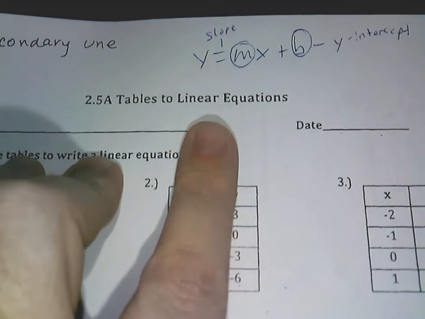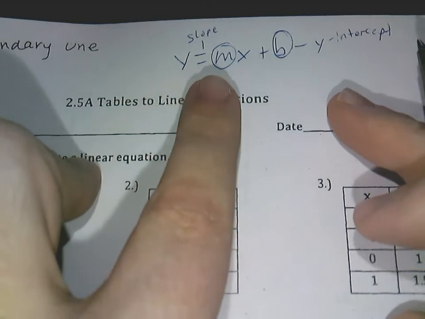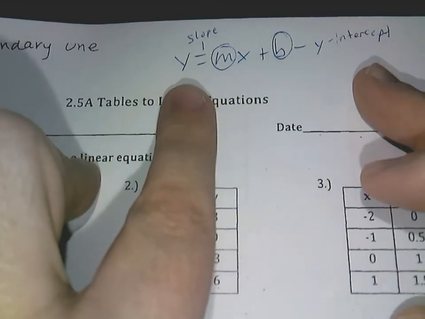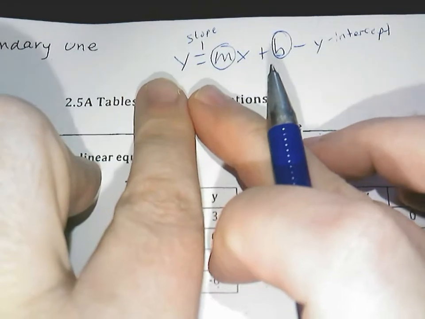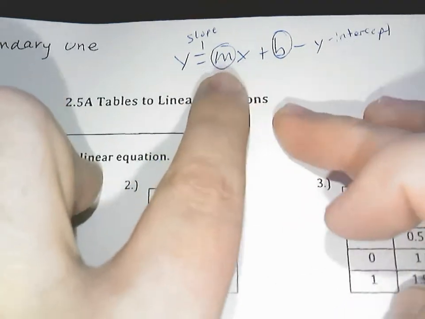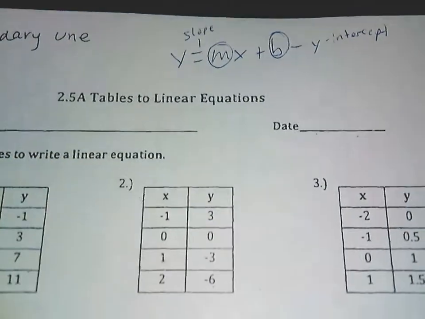When we look at these tables, we're trying to figure out the slope and the y-intercept. Then we'd write that as y equals whatever the slope is times x plus whatever the y-intercept is.